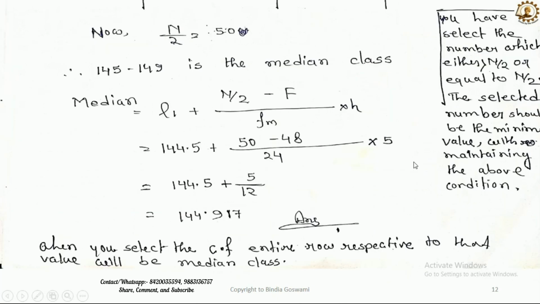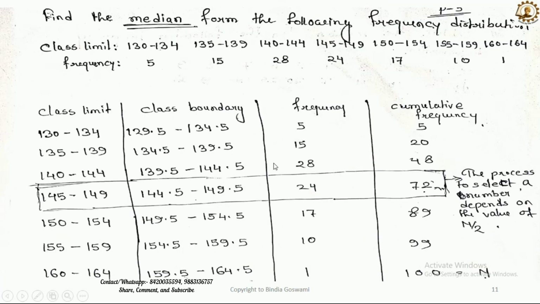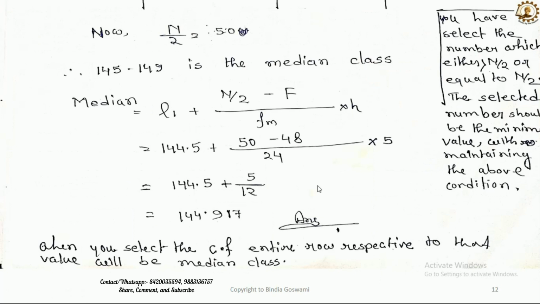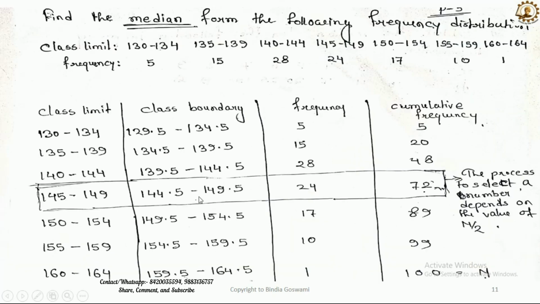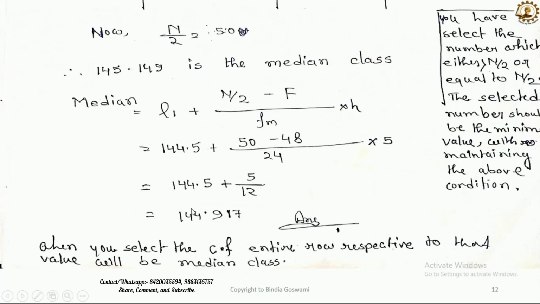That's why F is 48 and fm, the frequency of the median class, is 24. And h is the difference between class boundaries, which is 5. So h is 5, and this gives the result of median.